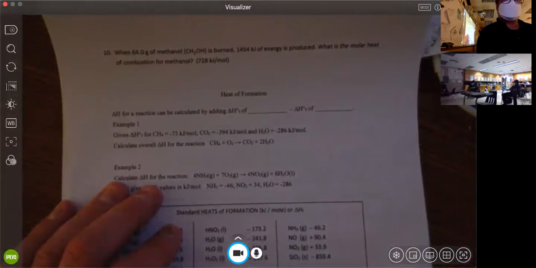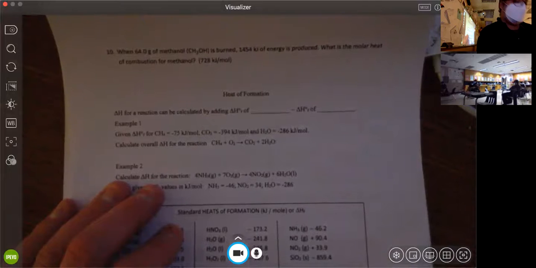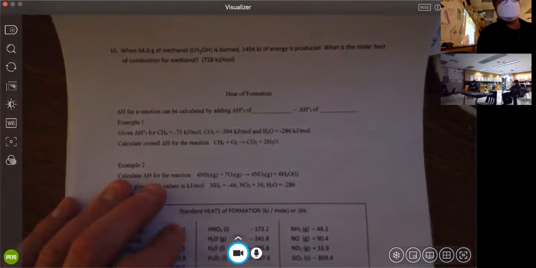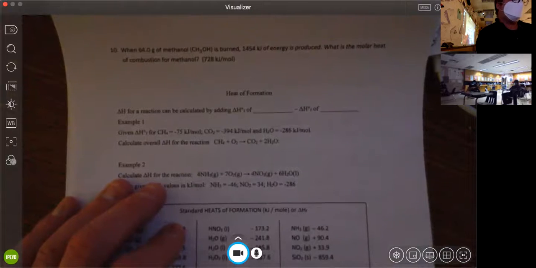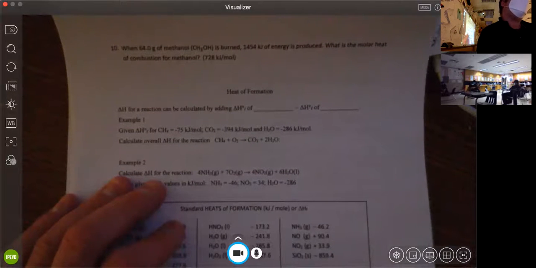Brings us to today's discussion, heat of formation. So we talk about enthalpy being a state function. The cool thing about that is that we get to determine the bottom, and the bottom that scientists chose was elemental.